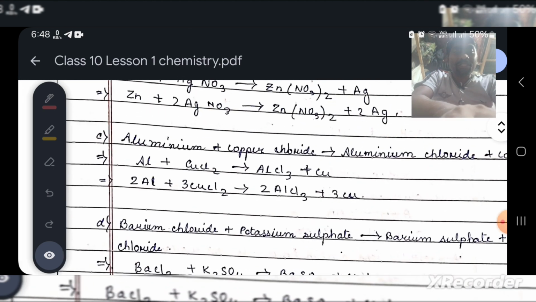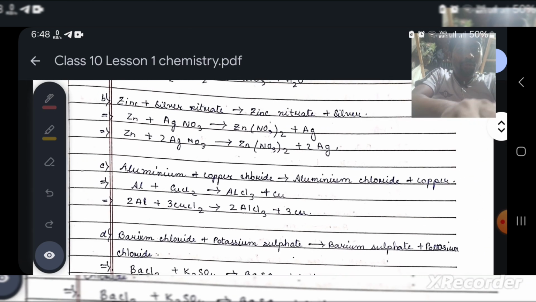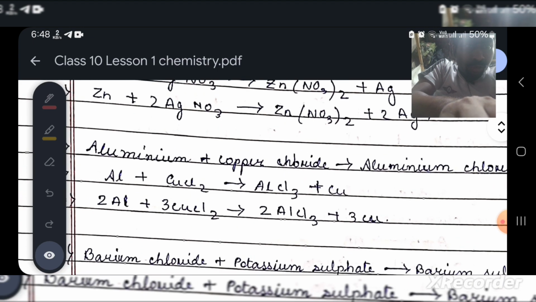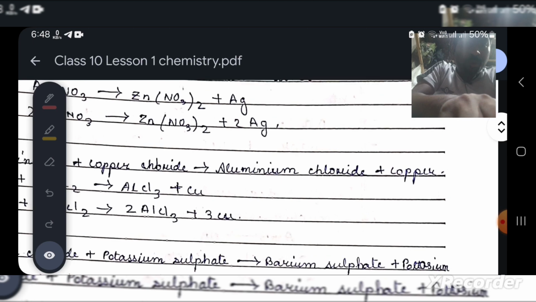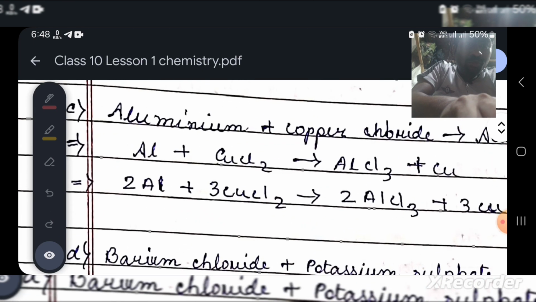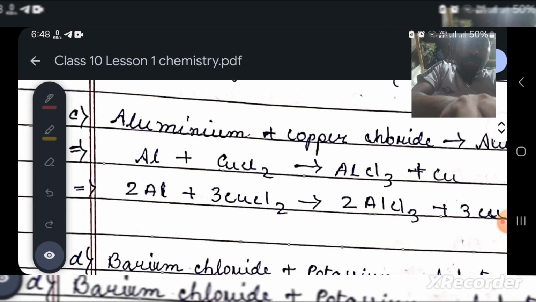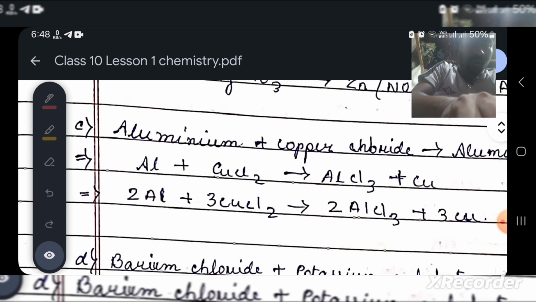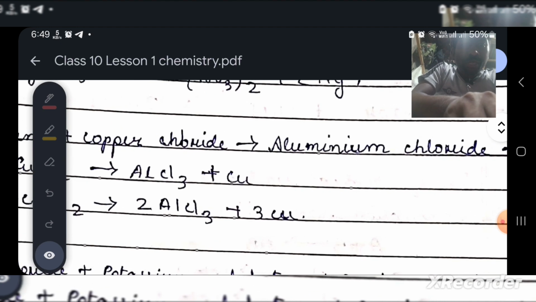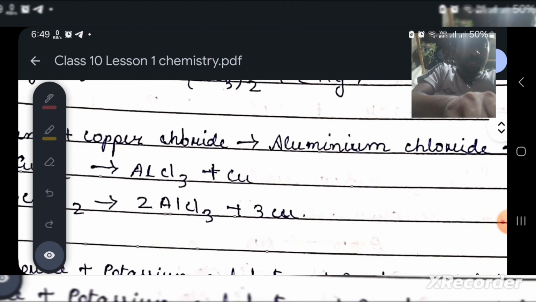Then in number C there is aluminum plus copper chloride will give aluminum chloride plus copper. Al plus CuCl2, CuCl2 is copper chloride, and the product side aluminum chloride AlCl3 plus Cu, copper.